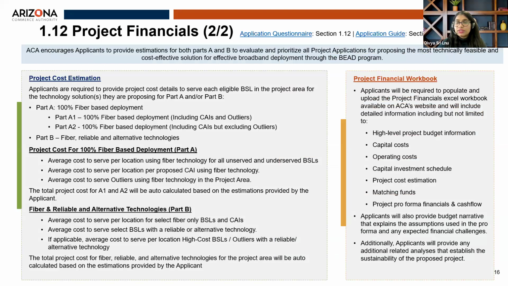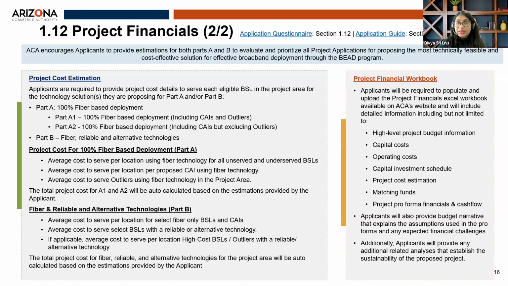The next section under this is the project financial section. Based on the options that we discussed initially, which is Part A and Part B, here there would be 2 different sections, one for Part A and Part B. And under Part A, the applicants will be required to provide 3 different pieces of information. The first one is an average cost to serve per location based on fiber-based deployment for all unserved and underserved BSLs.